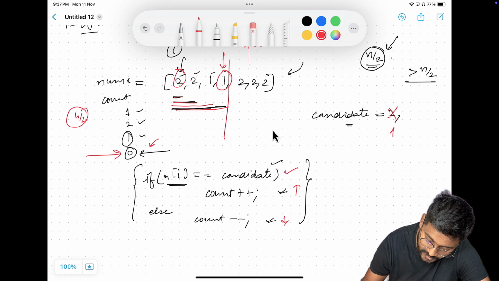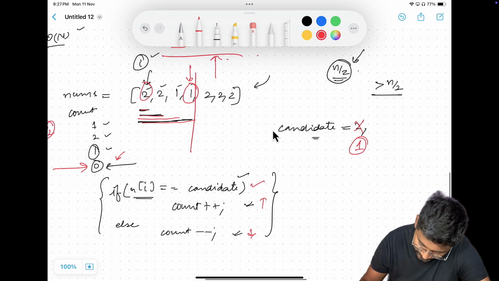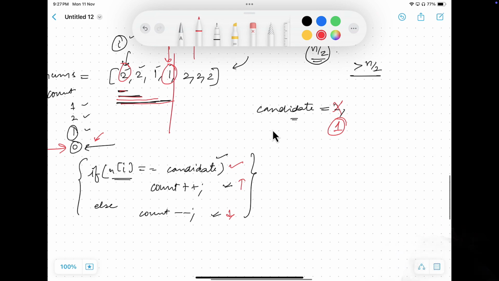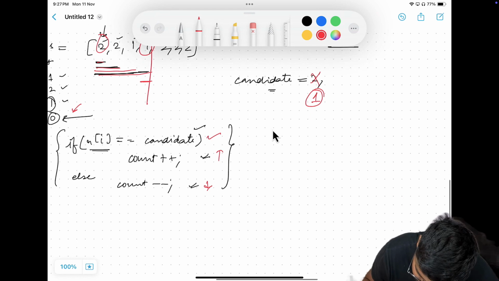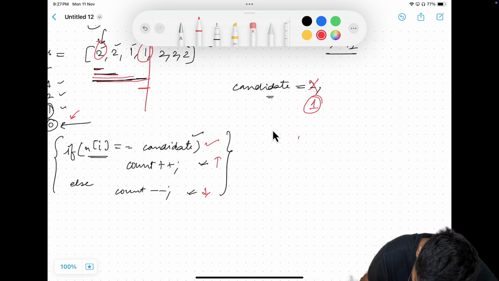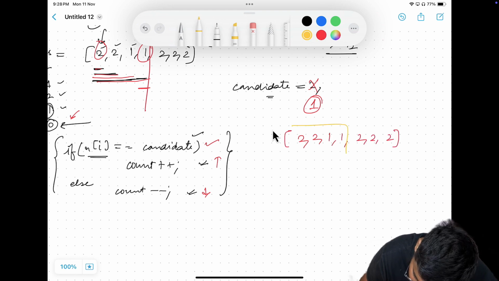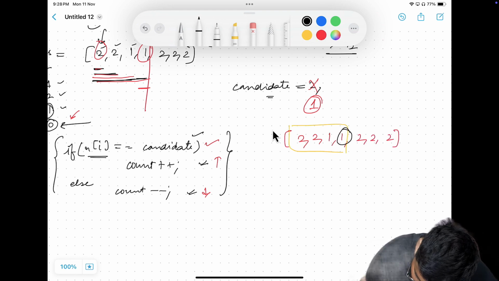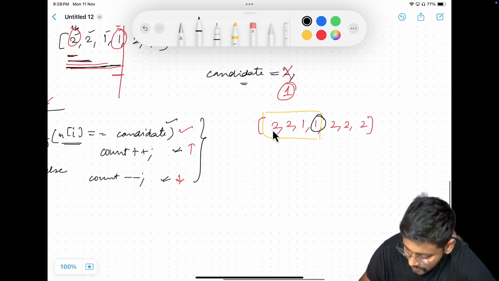Now let's say I choose 1 as a candidate. Here again I'm going to do the same thing. Let me write it again. Till this moment I have covered the array, and now I have chosen this as a candidate.